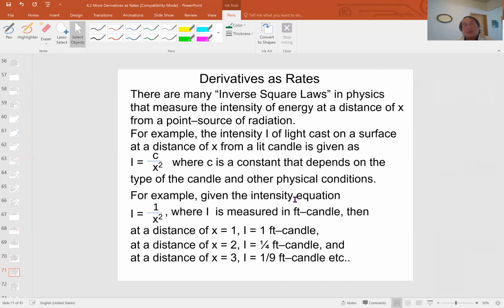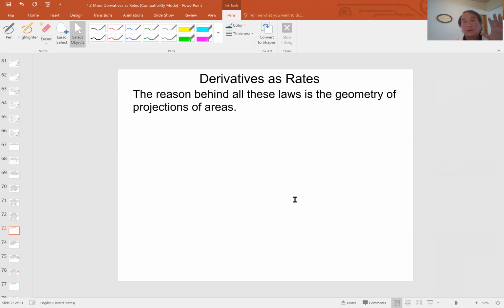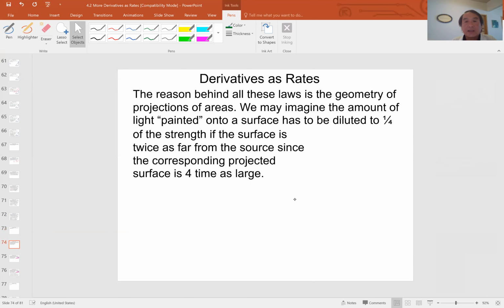And notice this is the same as the gravitational law, and energy scattering laws. Geometrically, the light scatters.